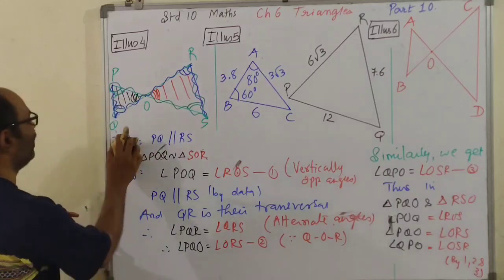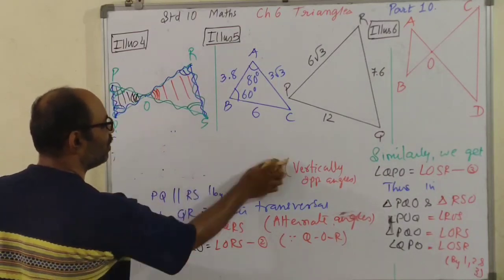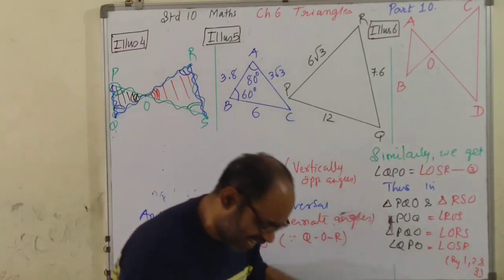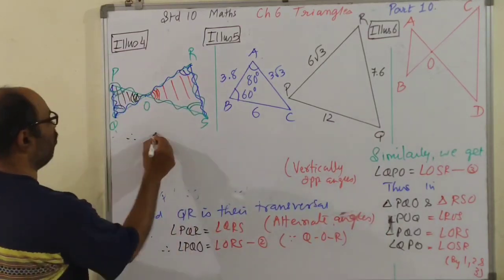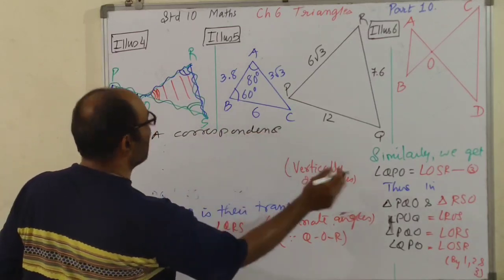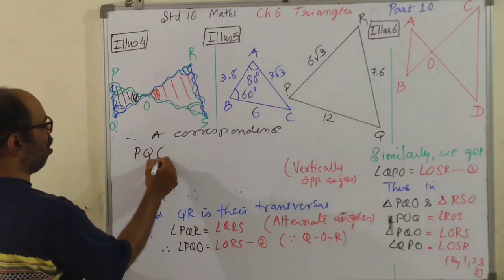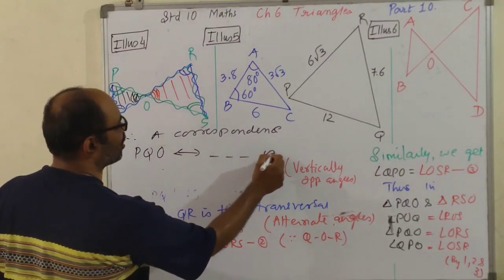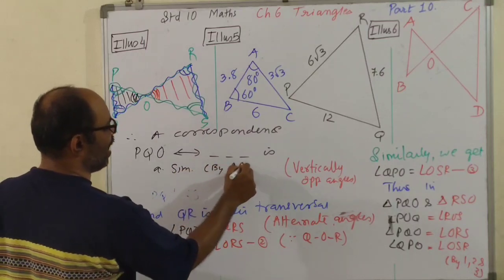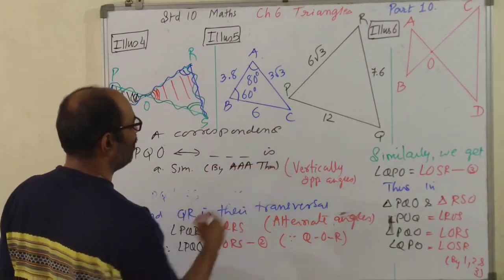Alright? I'll have to erase this part now. Finished? Angle. Therefore, a correspondence. Write the black one: PQO corresponds to dash dash dash is a similarity by AAA theorem.